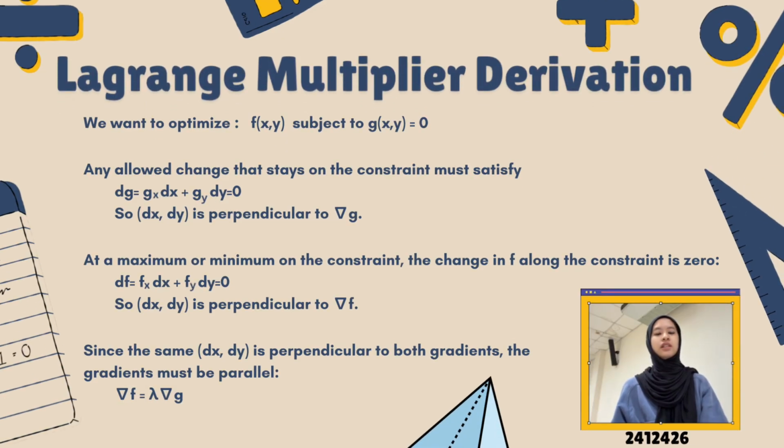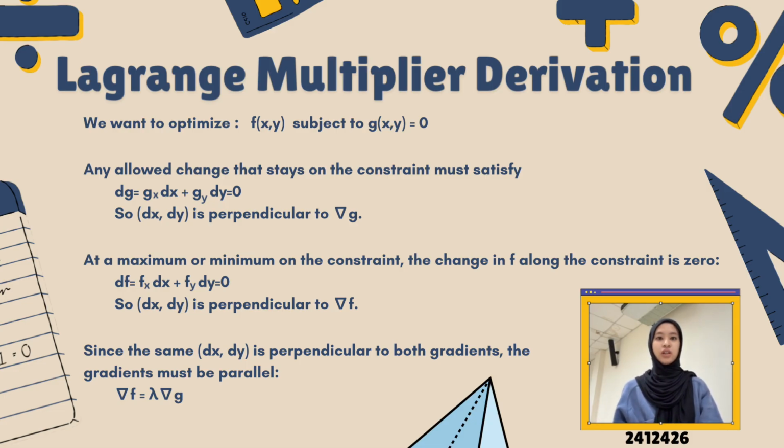So next is the Lagrange multiplier derivation. As we all know, Lagrange multiplier is a strategy to find the local maximum or minimum of a function subject to the constraint. The relationship between the gradient of the constraint and the gradient of the function will lead to a reformulation of the original problem.